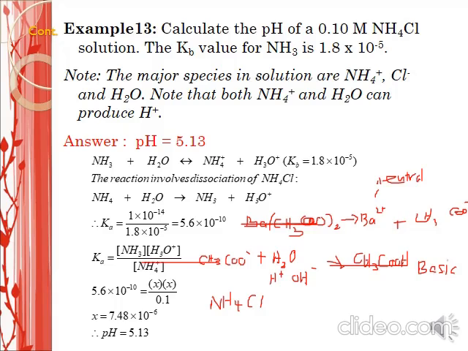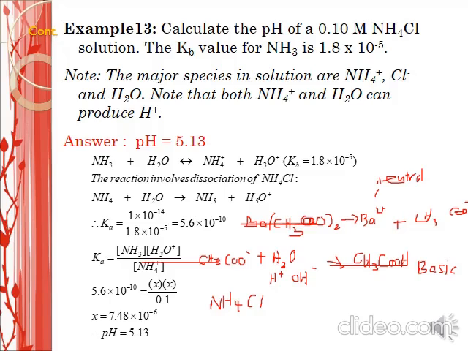Now this is example 13: calculate the pH of a 0.1 molar ammonium chloride solution. Kb of ammonia is given. So first we find Ka using Kw divided by Kb.